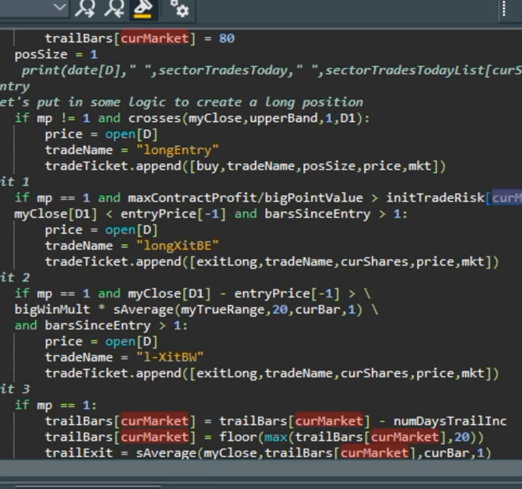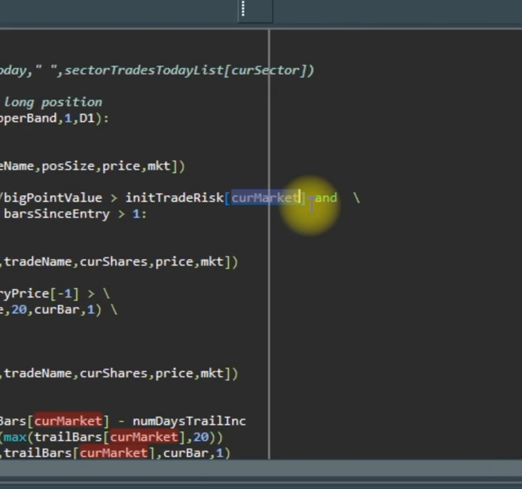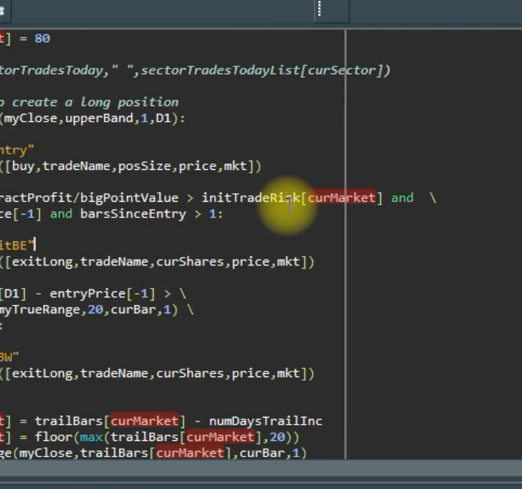To remember, we're hopping from market to market to market. You need to keep the variables, if they're not calculated daily, you need to store them in a list and index it by current market. Okay, and my close of D1, which is yesterday, is less than entry price, and bars since entry is greater than 1, that means that I want to get out on a break-even exit.